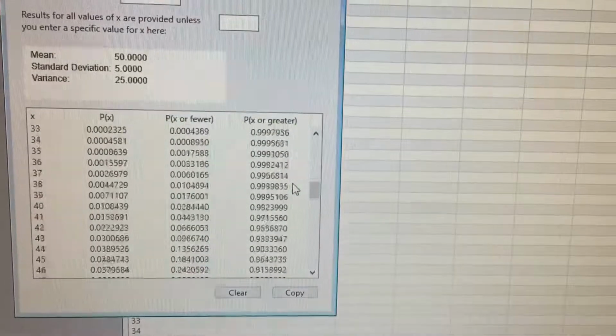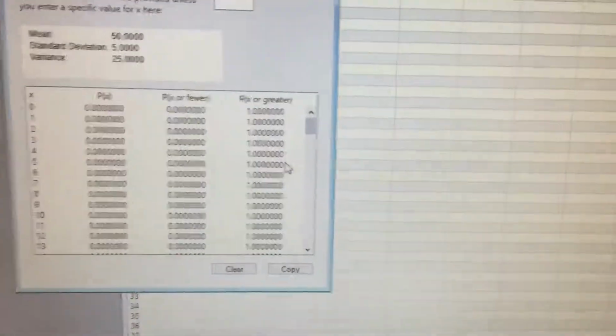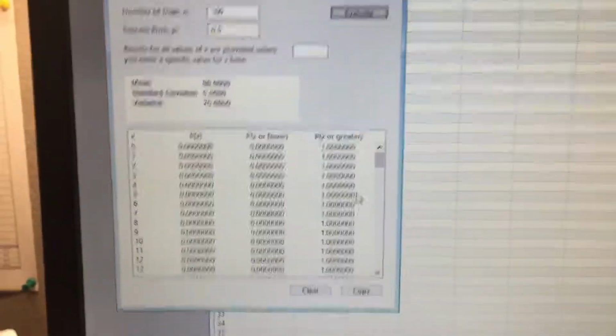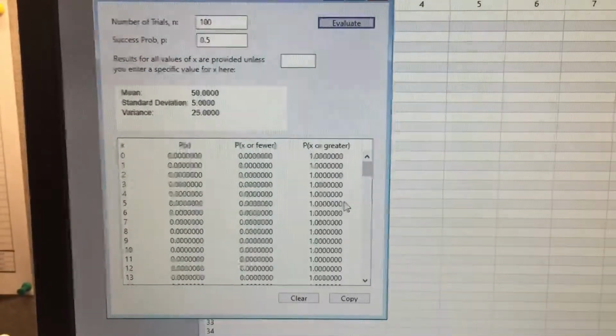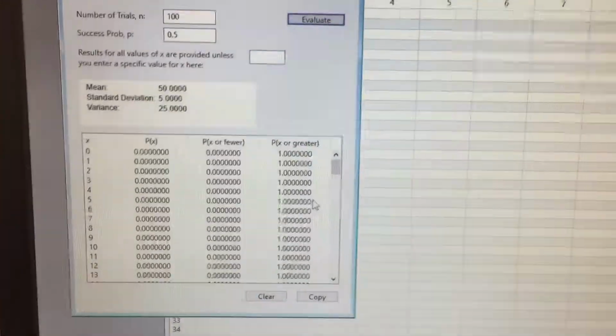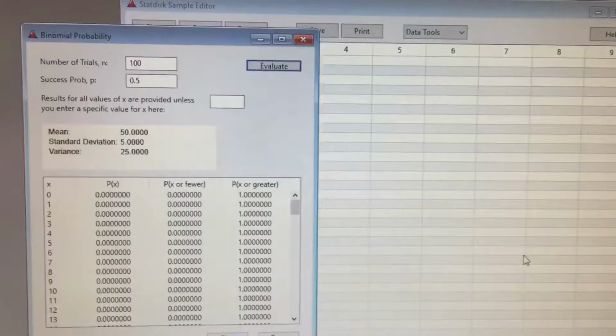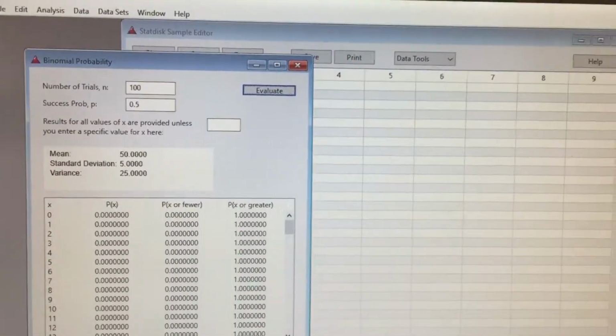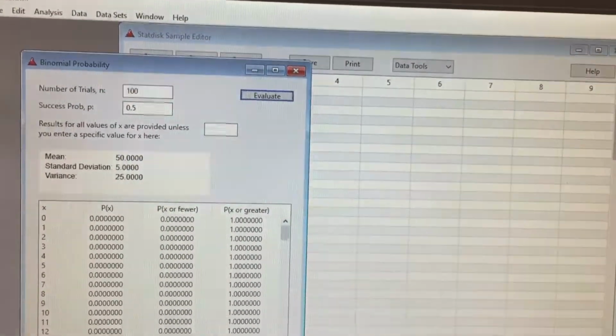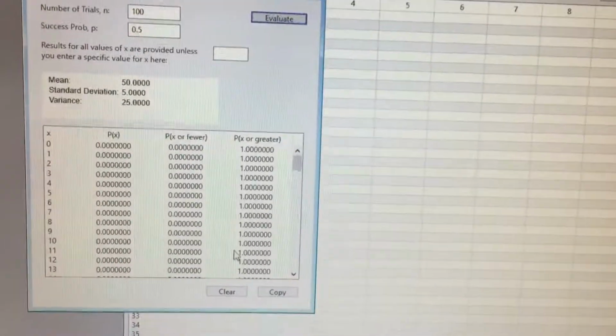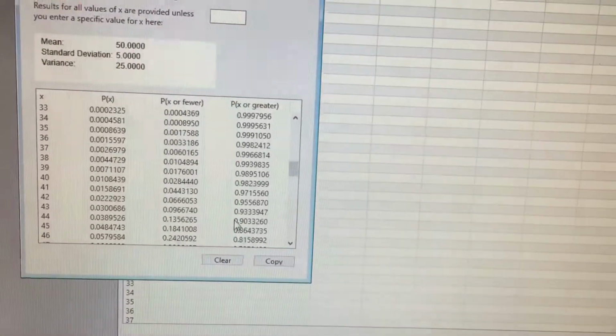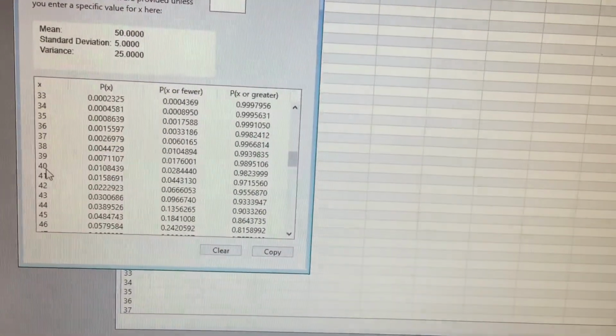Okay. And we want the probability of getting exactly 40 boys. Now you can do one of two things. You can scroll down to the number 40, like I did here.